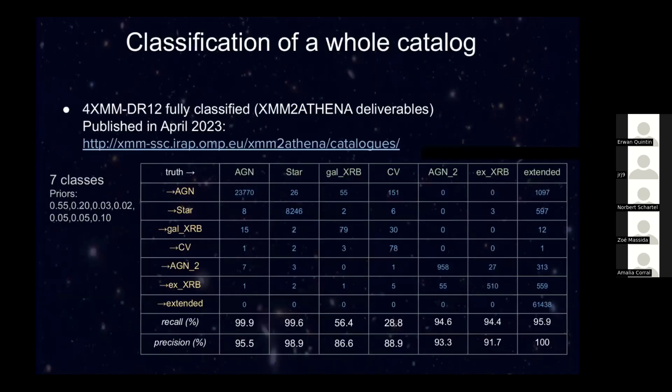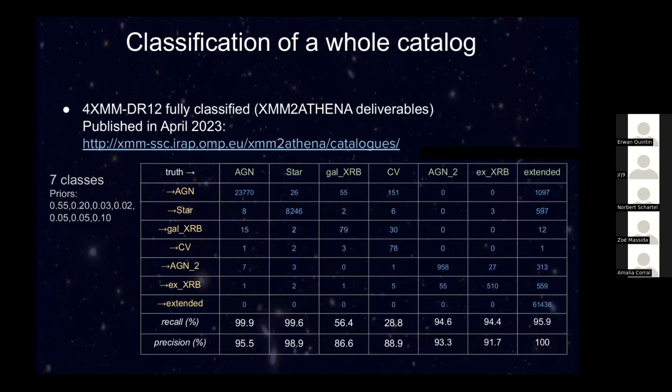But let's now finish with some applications of the classification. This ClaxBoy was applied to the whole XMM-Newton DR12 catalog using an updated set of classes, especially to improve the performance on X-ray binary classification.